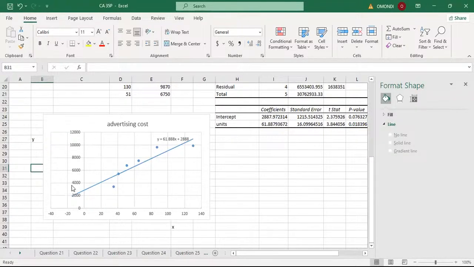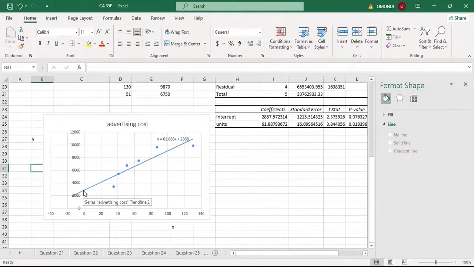So if I look at this point where my line is crossing the y-axis, then that is where there is fixed cost. That is, even if I have 0 units, I've already incurred some expenses.